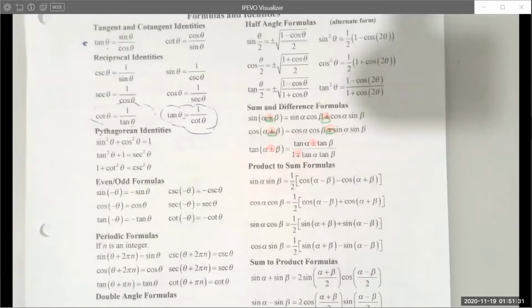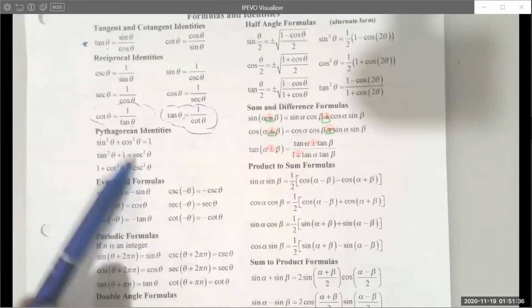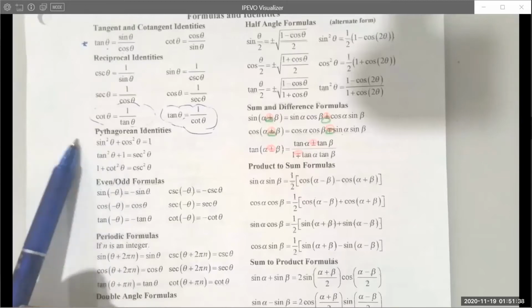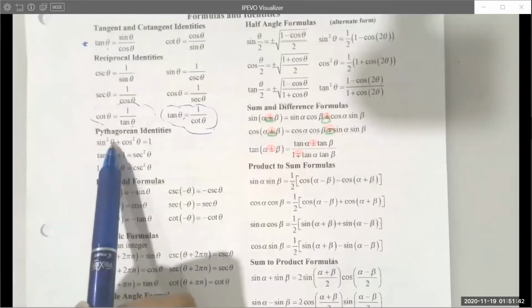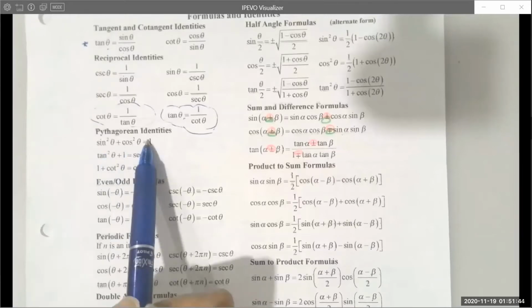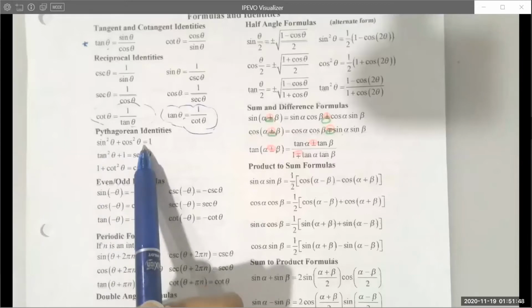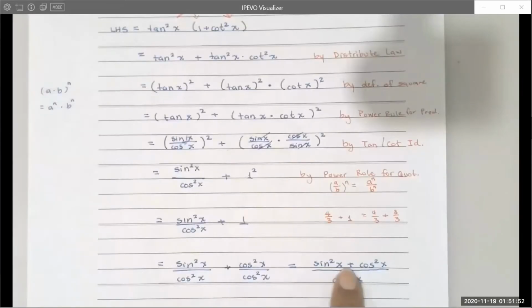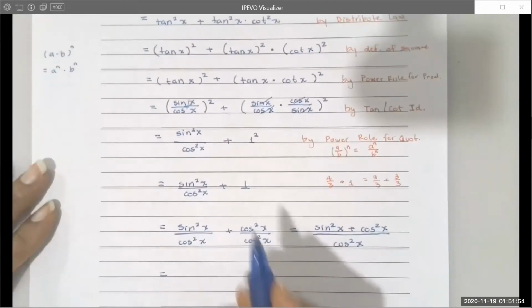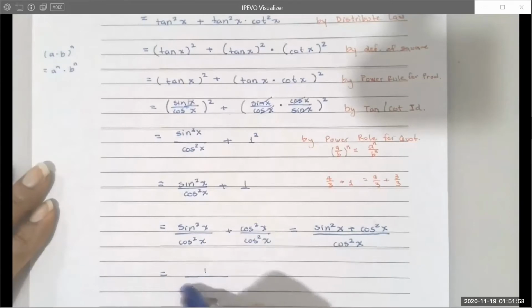Yeah, good. Thank you, Martin. So Pythagorean identity. Take a look at the Pythagorean identities. There's 3 of them. The very first one has sine squared theta plus cosine squared theta is equal to 1. And this is for any angle, right? As long as these 2 angles are the same, you take the sum, it will equal 1. So in our case, we have sine squared x plus cosine squared x, which is going to be a 1 over cosine squared x.